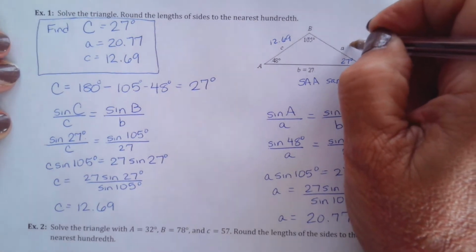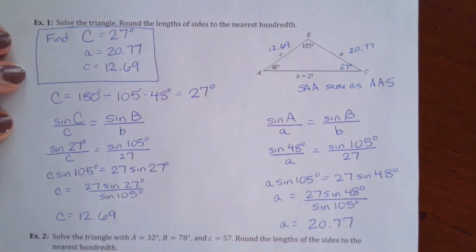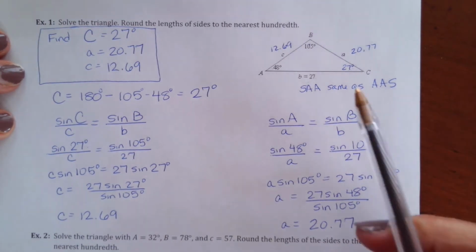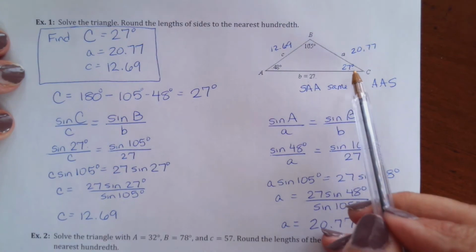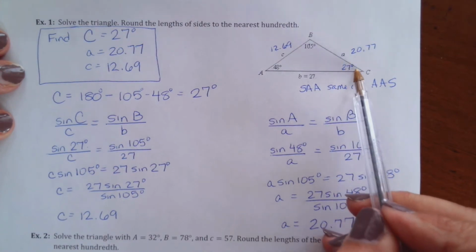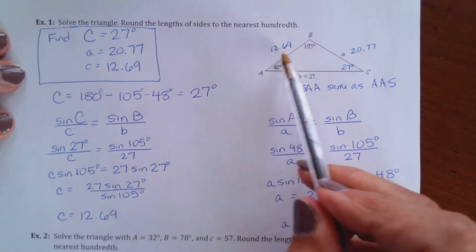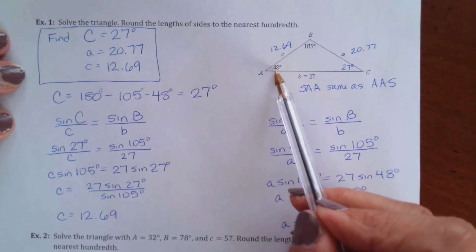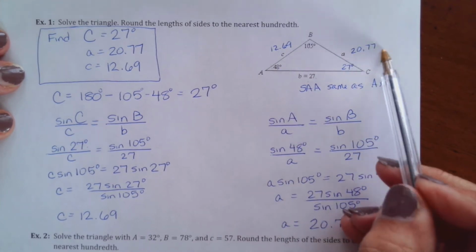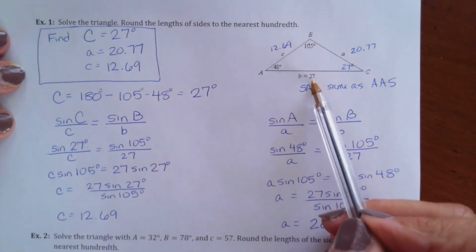Okay. Now, I always tell you guys, it's hard to know that you're exactly right, but what I always tell students to do is just look at your numbers and make sure they make sense. Remember when we said 27 was the smallest angle, so this should be the smallest side, and 12 is the smallest side out of these numbers, right? 48 was the middle angle, so this should be the side that's in the middle, which it is, and then this is the bigger angle, that should be the largest side.